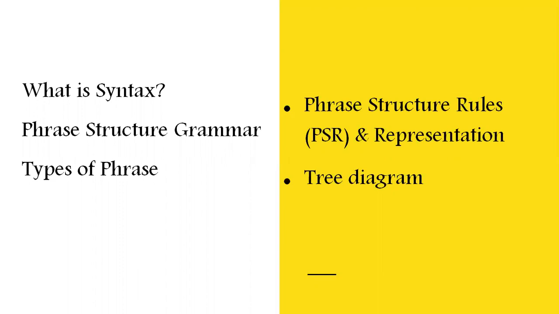It is called representation. There is one more way of representation of PSR, called labeled bracket. More often, you are not asked a question on labeled bracket, which is an advanced stage of syntax or PSR. Meanwhile, we'll talk about only tree diagrams in our discussion.